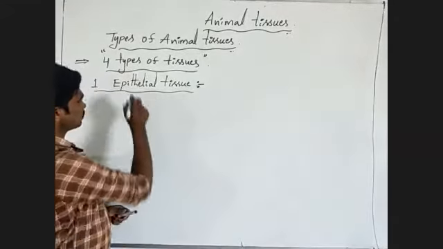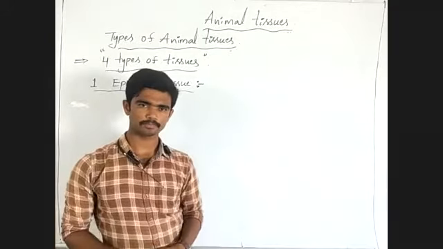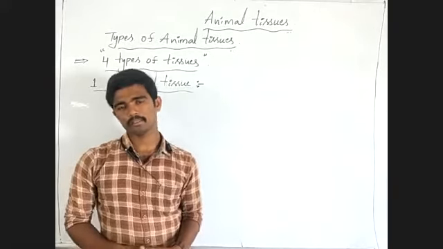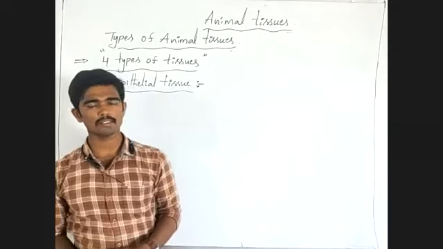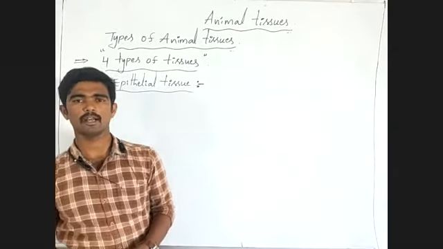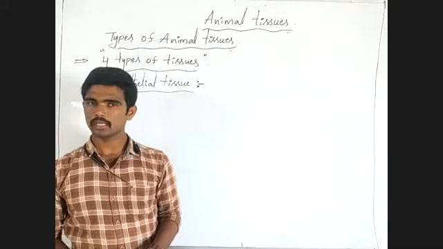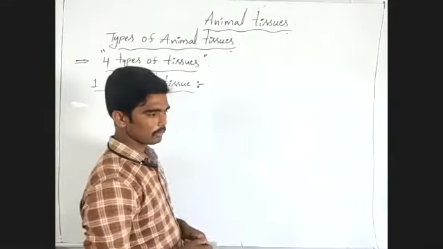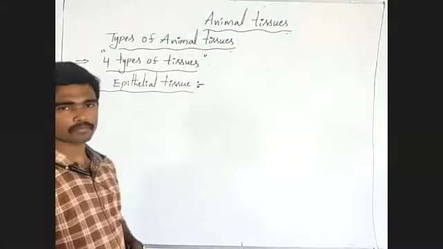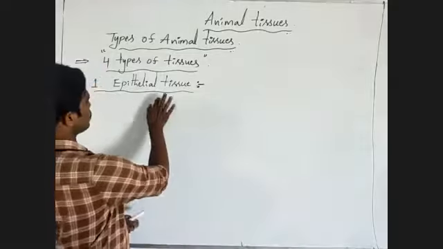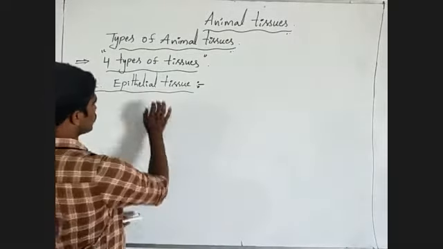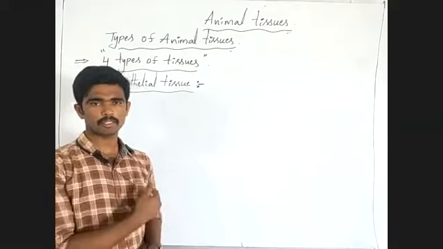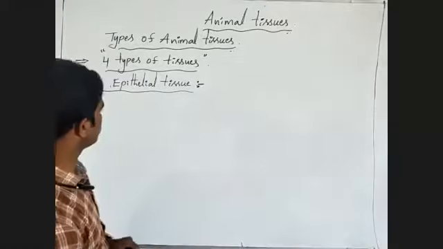Usually all inner linings of the organs and cavities, and the outer boundaries of the organs and the entire body, are made up of epithelial tissue. It protects all parts of the animal.